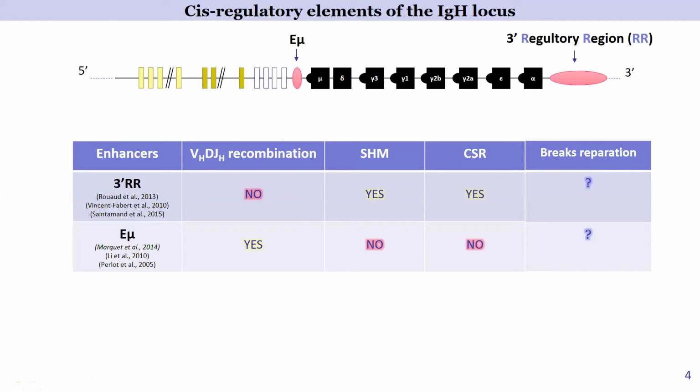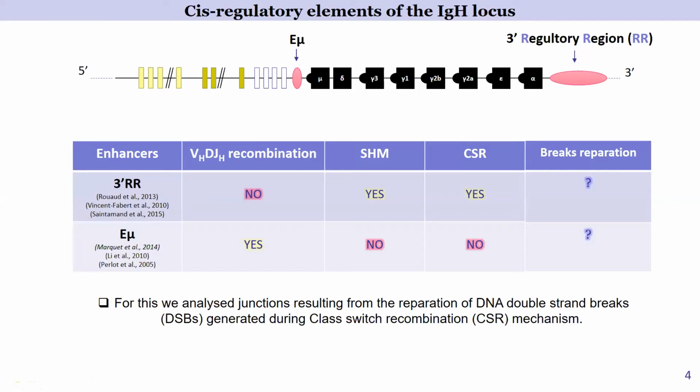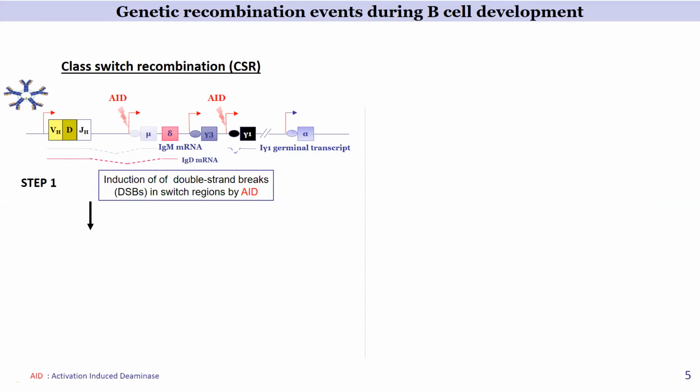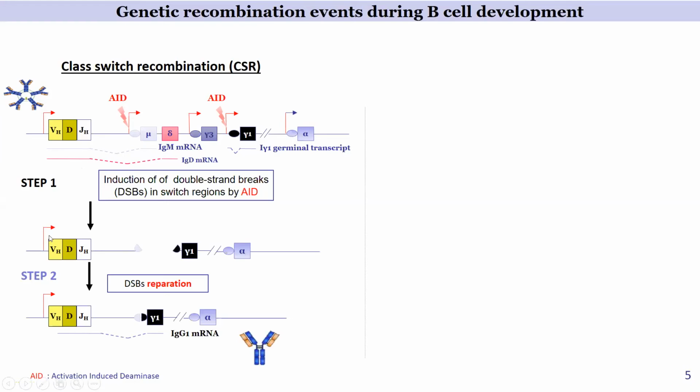For this, we analyzed the junctions resulting from the CSR mechanism, which is a two-step process. The first one consists in the induction of DNA double-strand breaks, and the second step consists of their repair by joining the most 5' S donor region, which is here switch mu, and one of the downstream S acceptor regions, which is here switch gamma 1, leading to an IgG1.